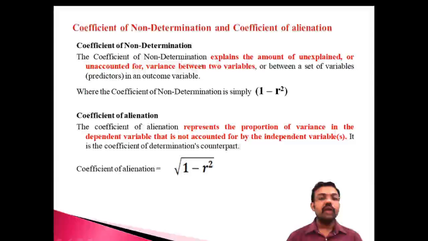A coefficient of non-determination explains the amount of unexplained or unaccounted variance between two variables. But the coefficient of alienation represents the portion of variance in the dependent variable that is not accounted for by the independent variable. That formula is root of 1 minus r square.